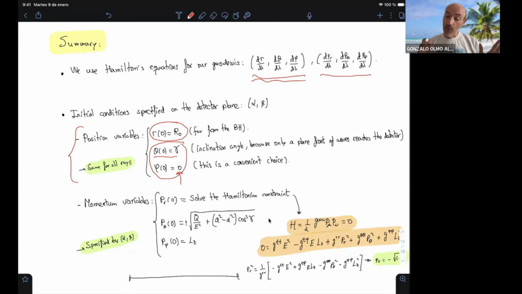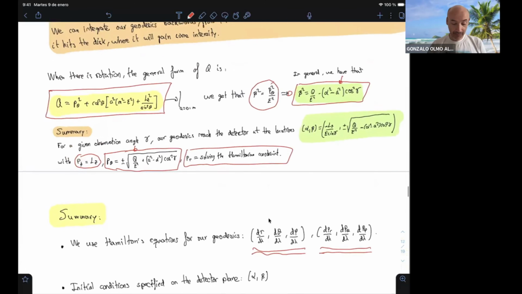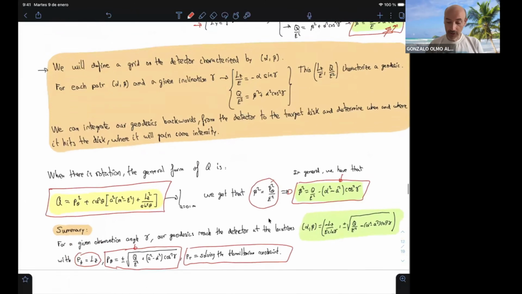Now, what changes from photon to photon are the initial conditions for the momentum, okay? For the azimuthal momentum, we have this conserved quantity, LC. And this LC, as we are explaining, is determined by the alpha position, okay?